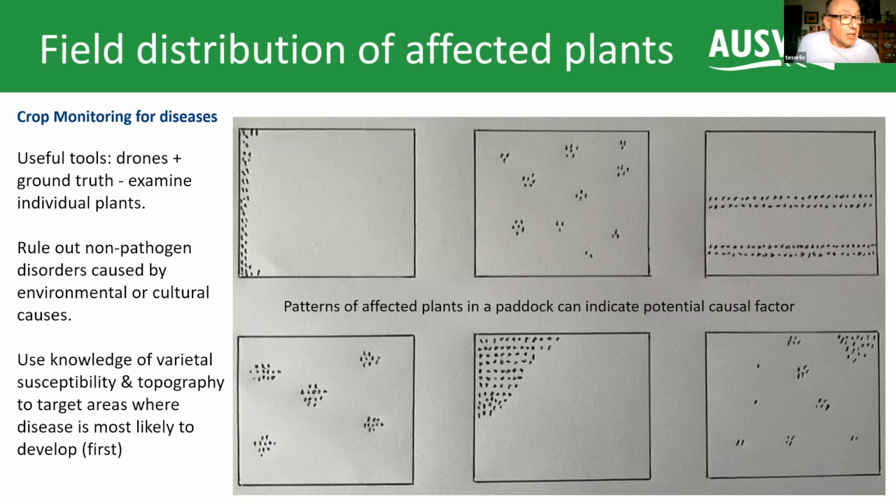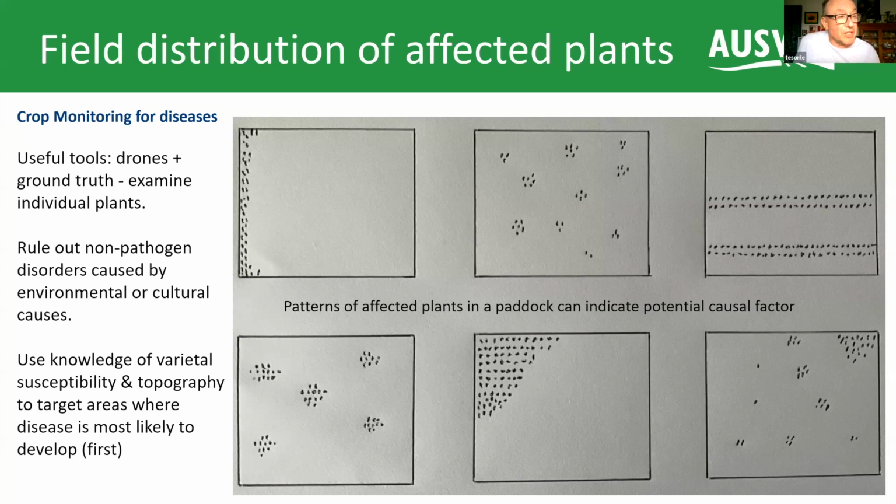Sometimes if there's a hill on the eastern side, there'll be more moisture or dew that sits around for a longer period of time, and that's where diseases will develop more easily than other areas of the crop. So you can target. You don't need to always be surveying the whole crop.